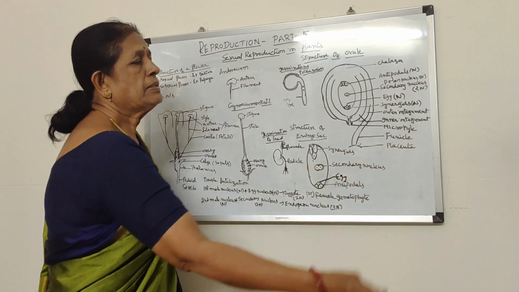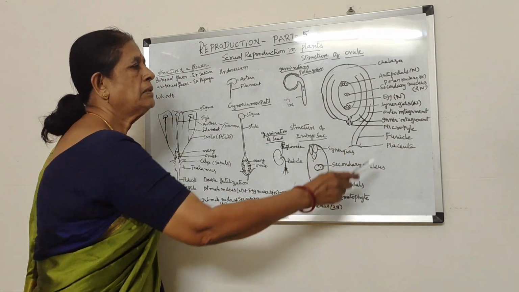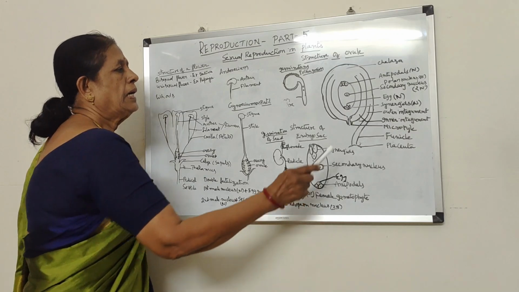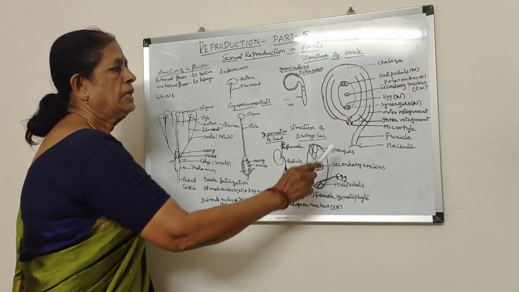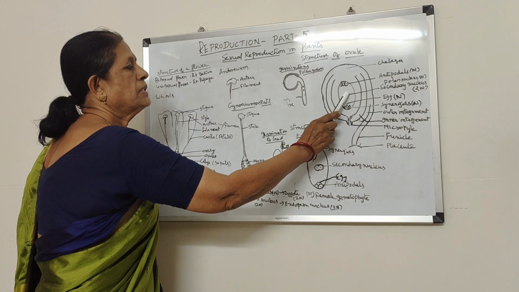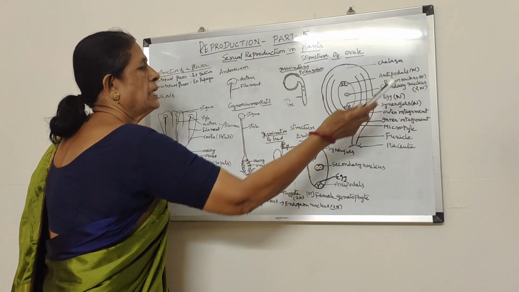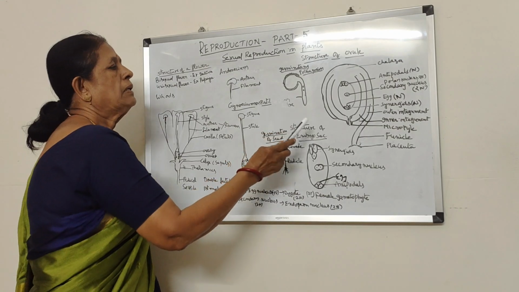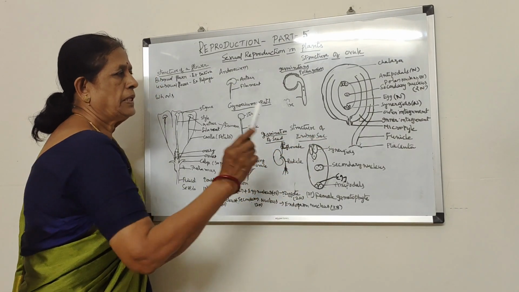So the synergids are also called helper cells. One male nucleus fuses with the egg nucleus, and the second male nucleus fuses with the secondary nucleus or polar nucleus, resulting in the formation of the endosperm nucleus.